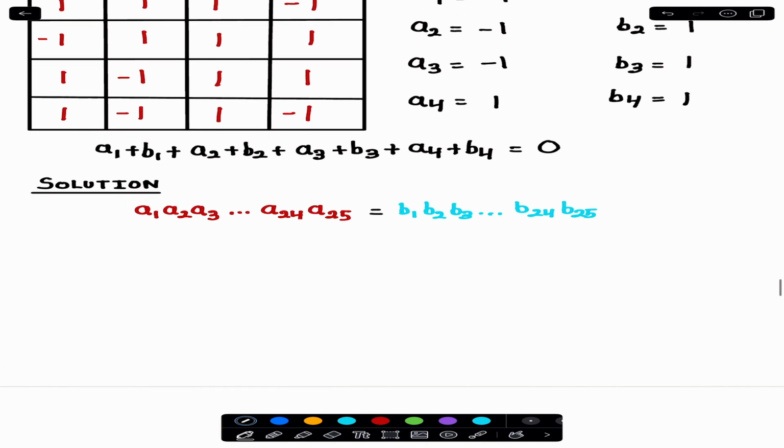That's because all of this is basically just equal to the product of all elements of the matrix.